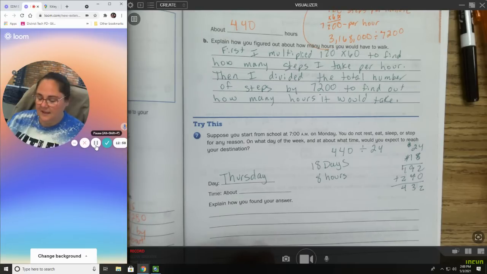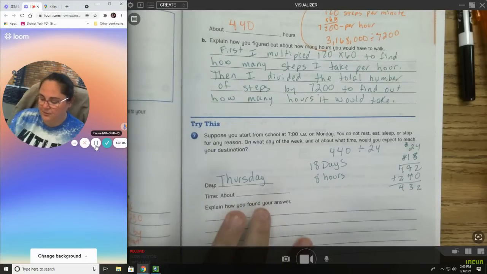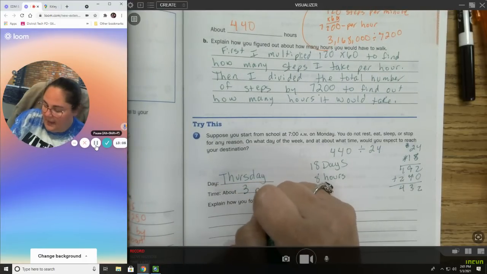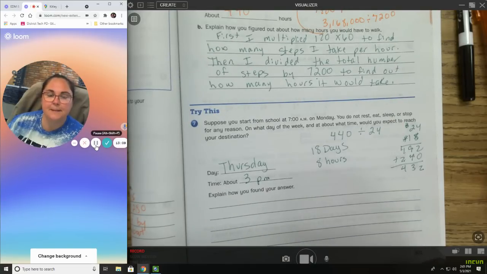So 7, 8, 9, 10, 11, 12, 1, 2, 3. We would get there on a Thursday at 3 p.m. It's crazy. 18 days. Almost 3 weeks later.